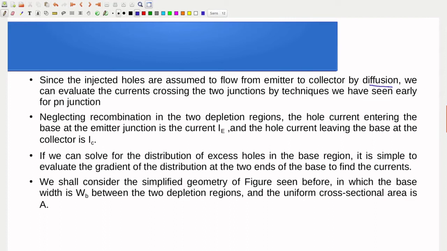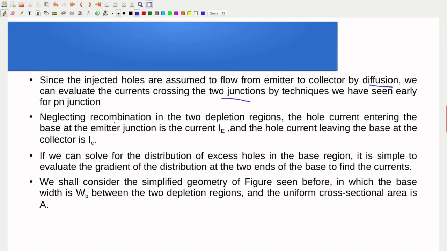So here we are just considering the diffusion. We can evaluate the currents crossing the two junctions, the emitter base junction and the collector base junction, by the techniques that we have already used for the PN junction.